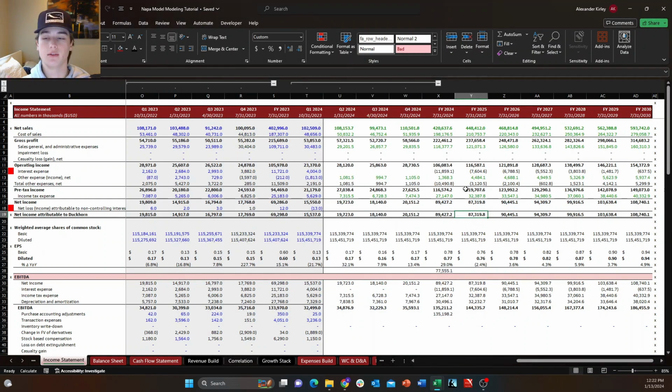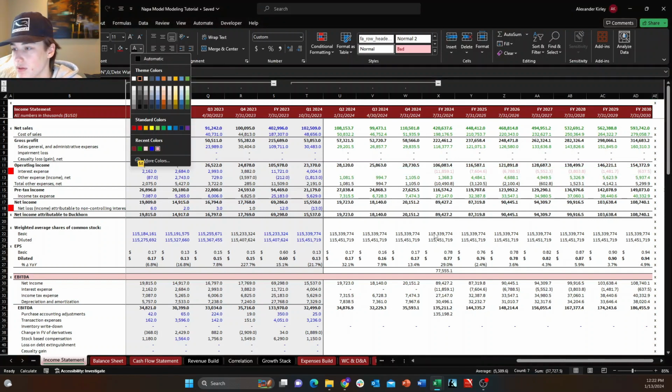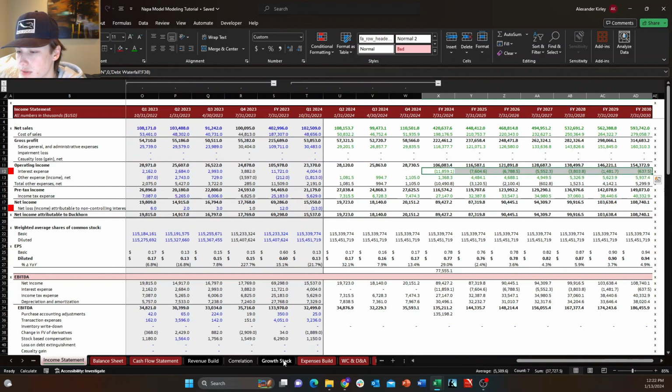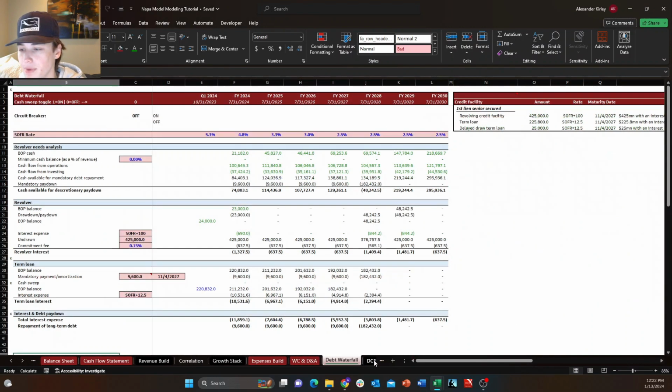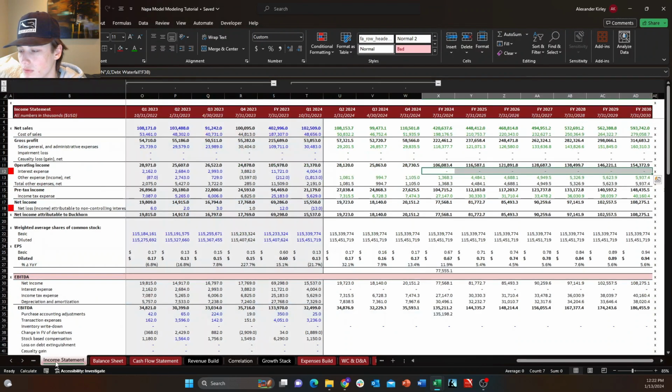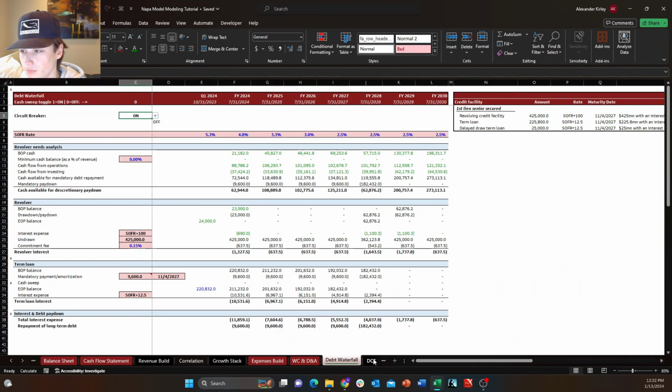It'll say there's a circular reference, and it'll give you a little error message, and you do not want that. So let's take a look at what happens when I turn my circuit breaker on. This goes to 0. Let's turn it back off.